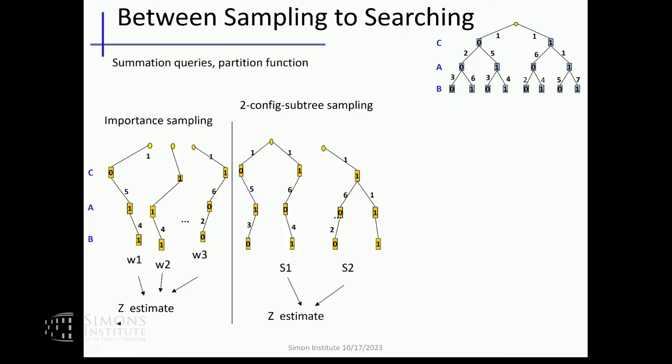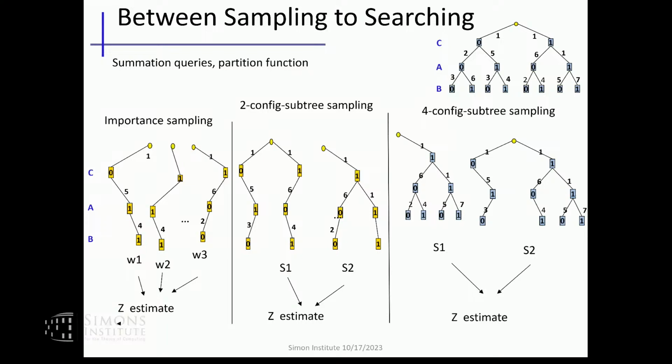Instead, we would like to consider sampling a subtree of the problem, not just a path. So instead of sampling this structure, we can sample this subtree, with configurations in it, and provide an estimate, or we can take it further and estimate a larger subtree, a collection of them, and take the average.